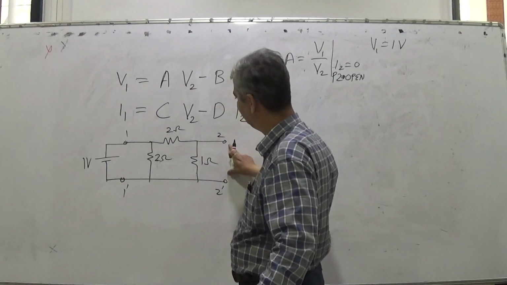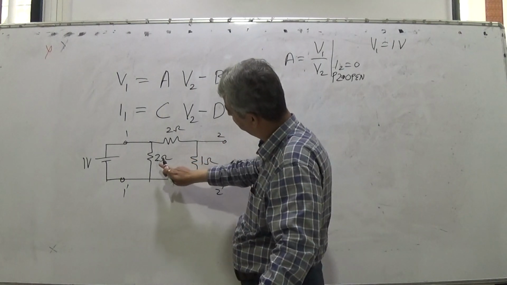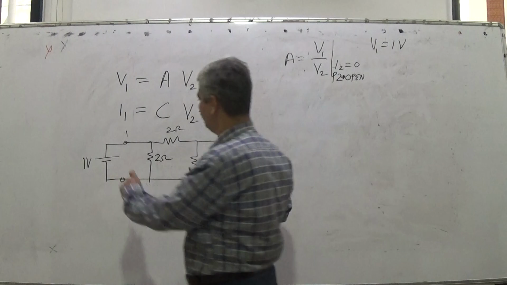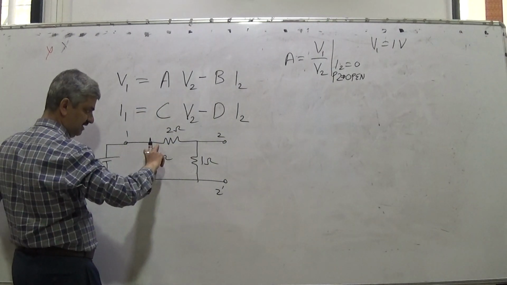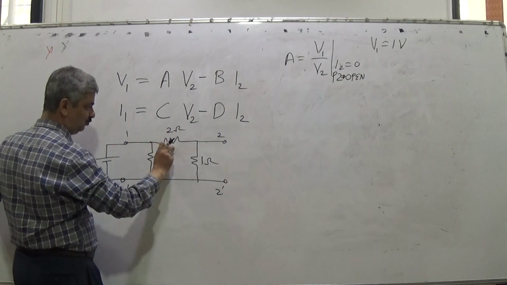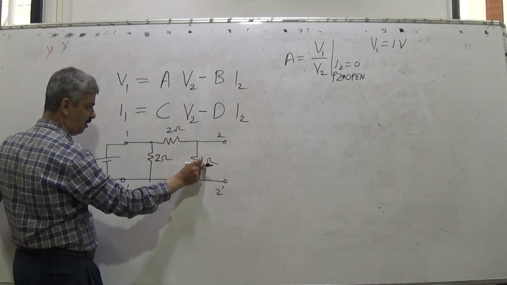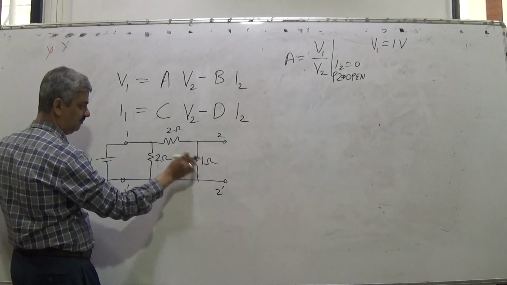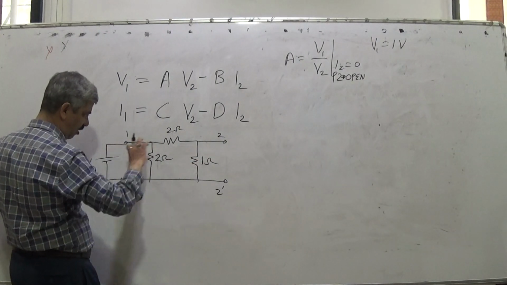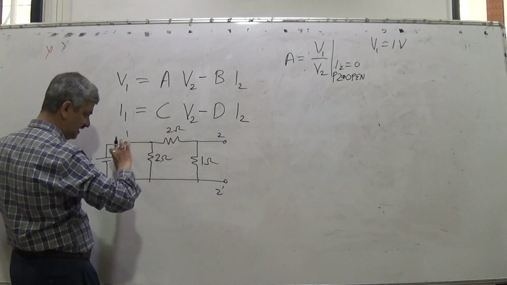Now what will happen? When this is open, 1 volt is here, 1 volt is here, same is here. This is 1 and 2. So V2 would be 1 upon 1 plus 2, into 1. This has no role because this is common. 1 volt is here, it is an ideal source.